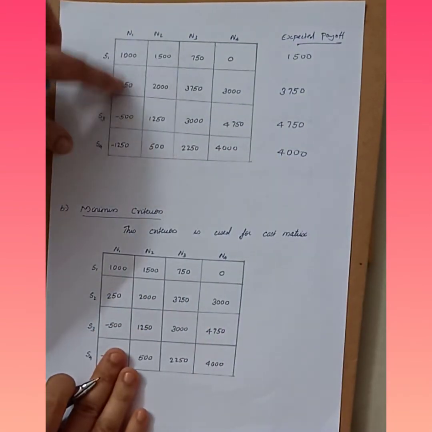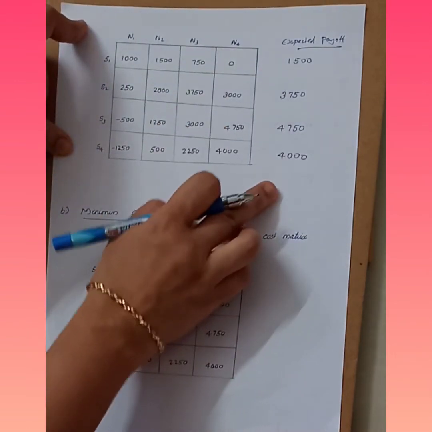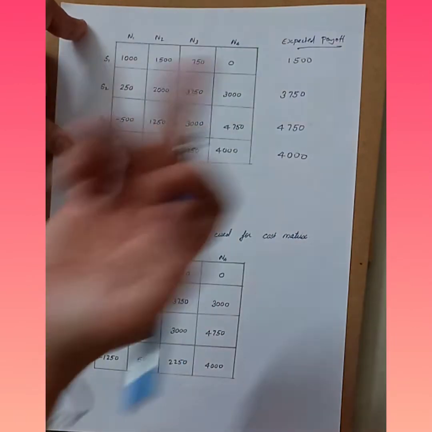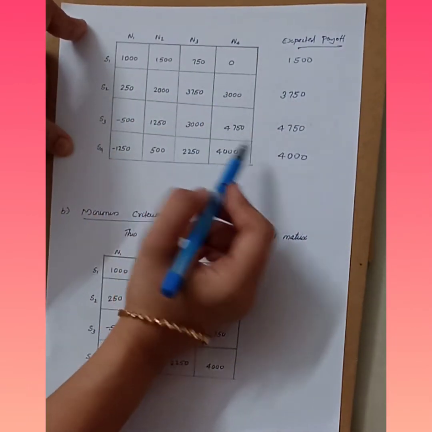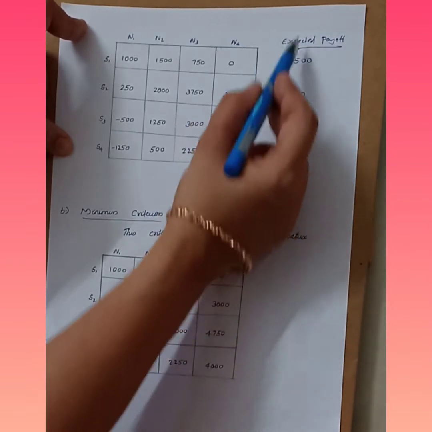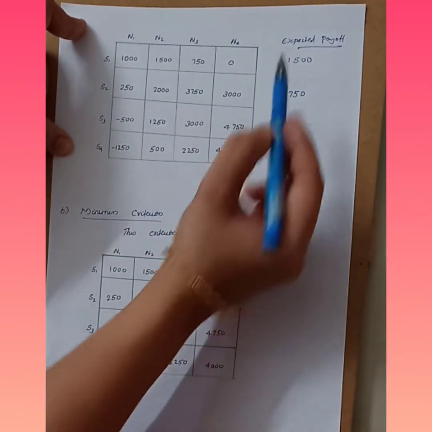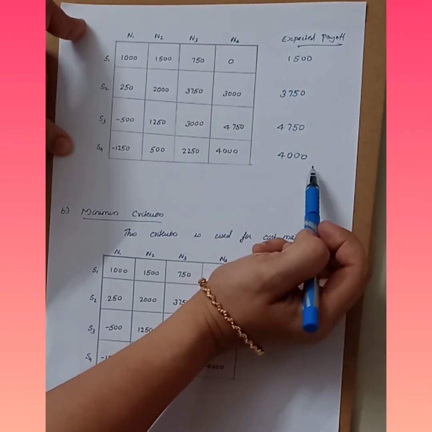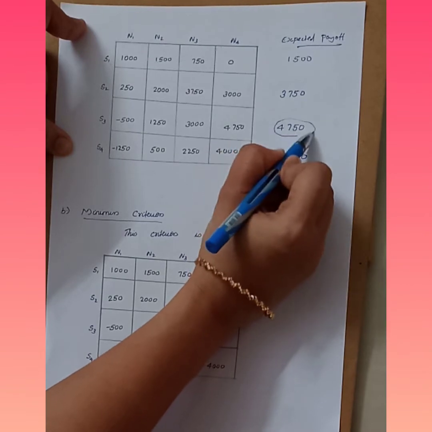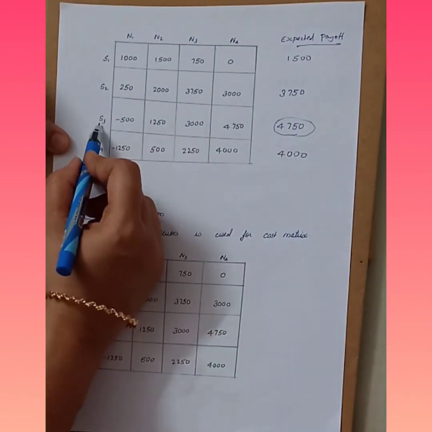So this is the Maximax criterion. We have already selected the maximum value for each strategy, and among these values, that is the expected payoffs, we have to find the maximum. Now it is 1500, 3750, 4750 and 4000. So the maximum value is 4750, correct? And this corresponds to S3.